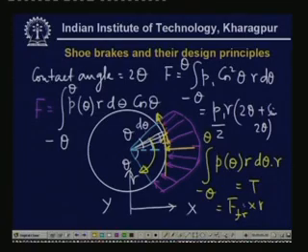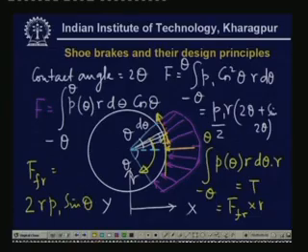So when we substitute in place of P theta the value P1 cosine theta, it becomes twice sine theta. So twice r square sine theta divided by r. So Fr then becomes twice r P1 sine theta.